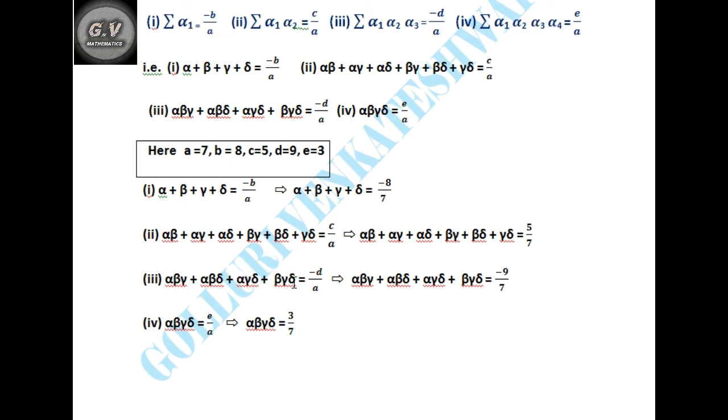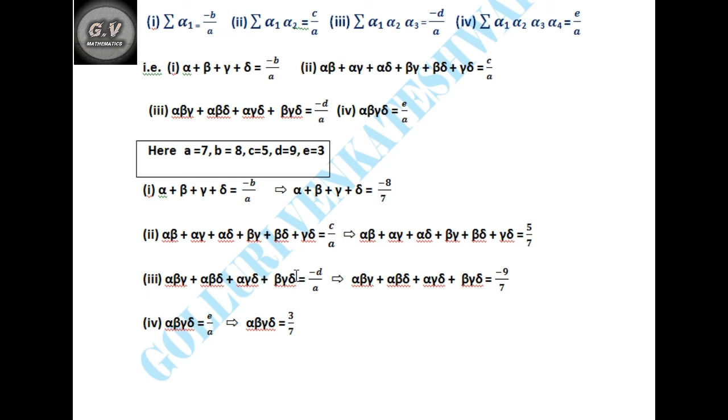First time, out of alpha beta gamma delta, delta is eliminated, so alpha beta gamma is taken. Next time gamma is eliminated, so the product alpha beta delta is taken. Next beta is eliminated, so the product of alpha gamma and delta is taken. Next alpha is eliminated, so beta gamma delta.